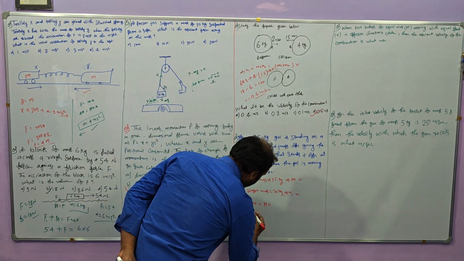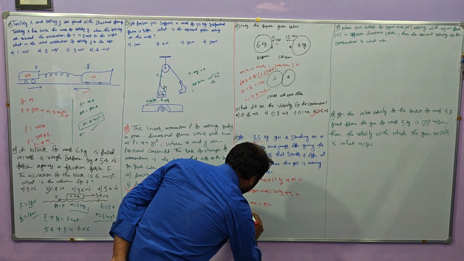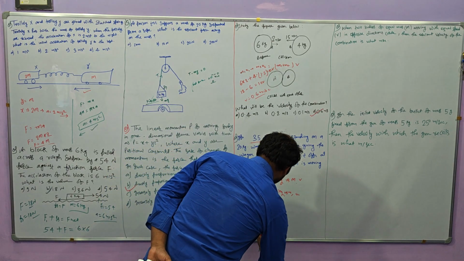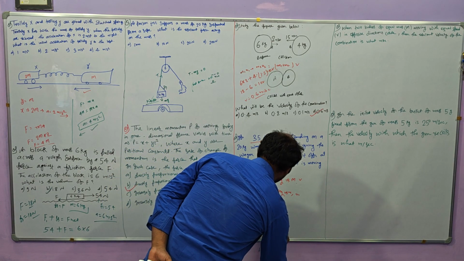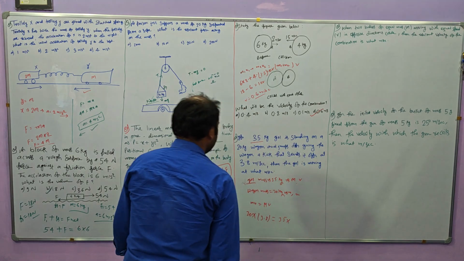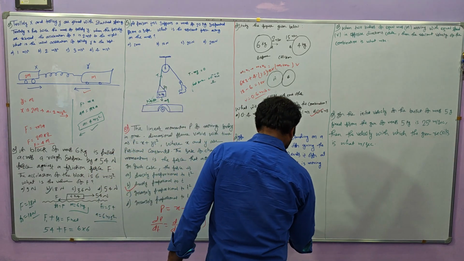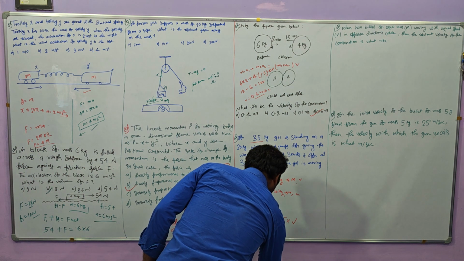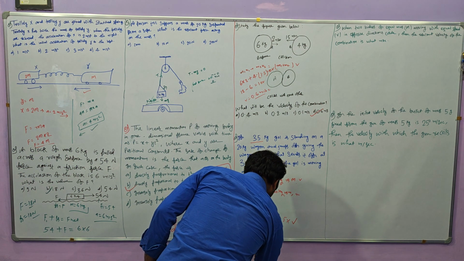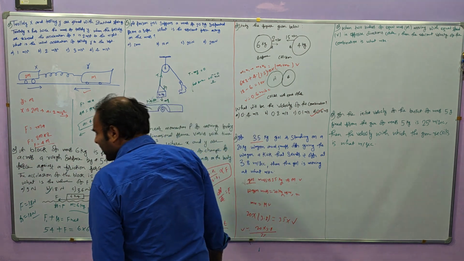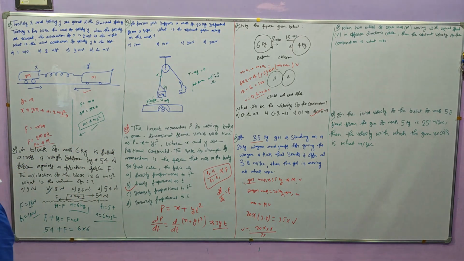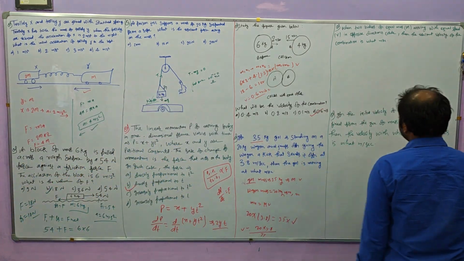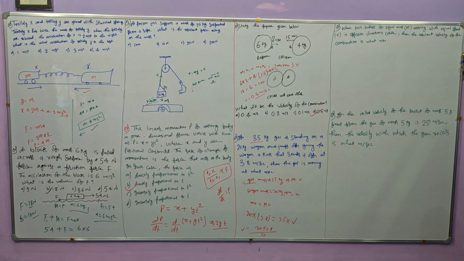Then mu is equal to mv. That means 20 into 3.8 is equal to 35 into v. That becomes v is equal to 20 into 3.8 upon 35. And from this we get the result of v.